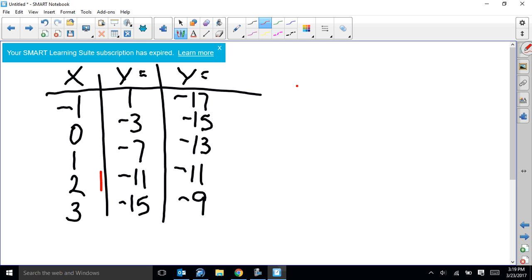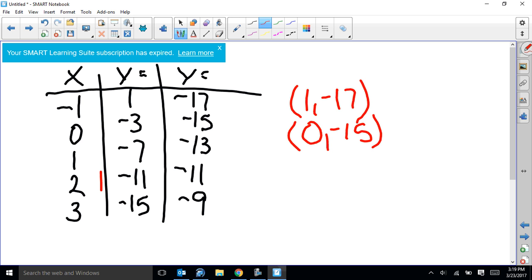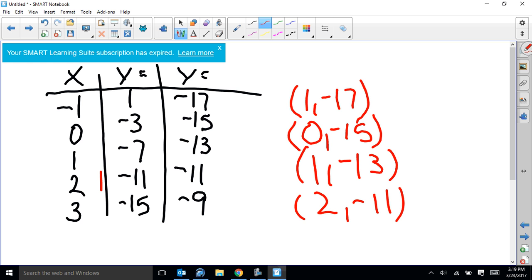So I have a point at -1, -17. I have a point at 0, -15. I have a point at 1, -13. I have a point at 2, -11. And I have a point at 3, -9. So where do they have a point that's the same?